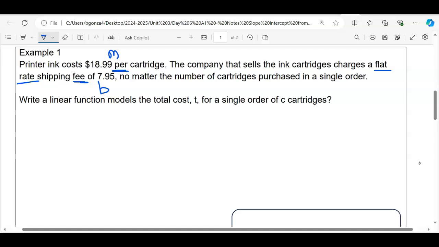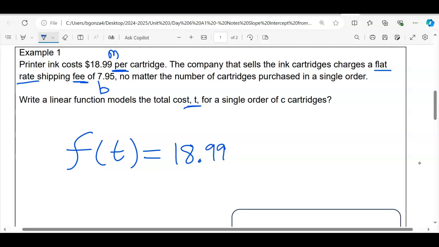All right, it says no matter the number of cartridges purchased in a single order. Write a linear function that models the total cost T for a single order of cartridges. Since we have a function according to the letter T, we're going to write f of T equals, instead of f of x, because it tells us T is our letter, right? Okay, now we need to write it as mx plus b. So what did I label? What's my m? What's my changing per? 18.99.